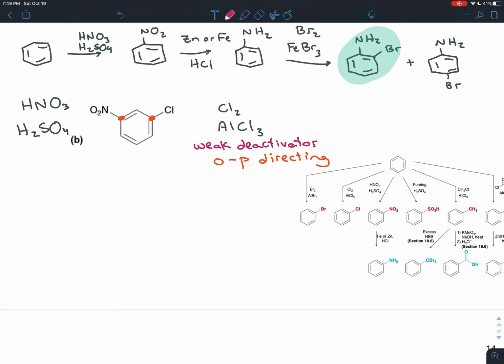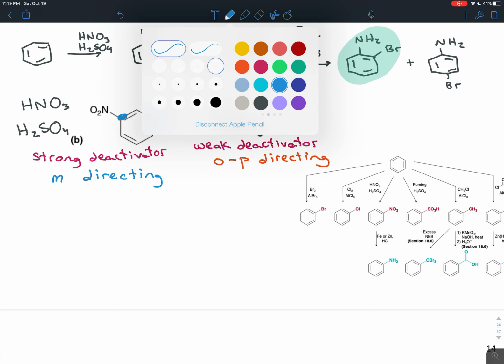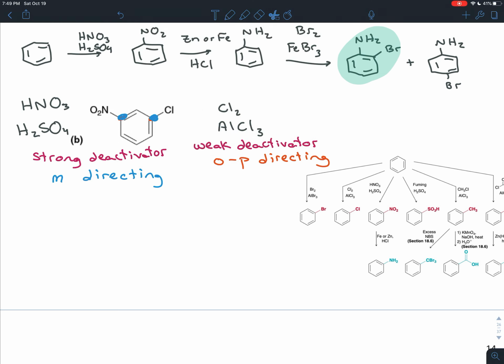The nitro group is a strong deactivator, but it is meta-directing. These two are meta to each other, and so we want to put the nitro group on first.